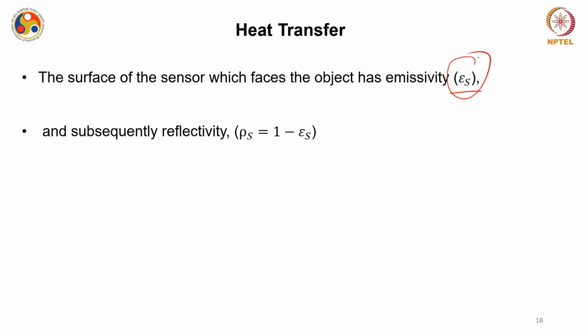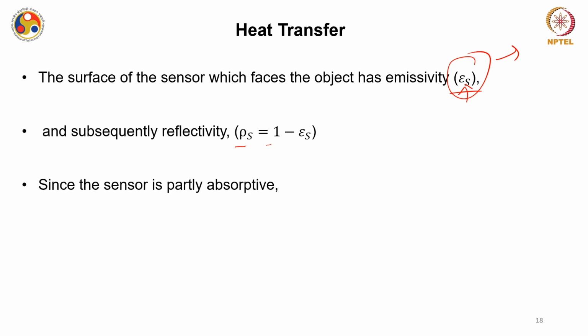I am considering this emissivity of the sensor, and that's why I am using a subscript s. Therefore its reflectivity will be 1 minus epsilon s. So this rho s will be equal to 1 minus epsilon s. We have seen just now for the opaque object, right?